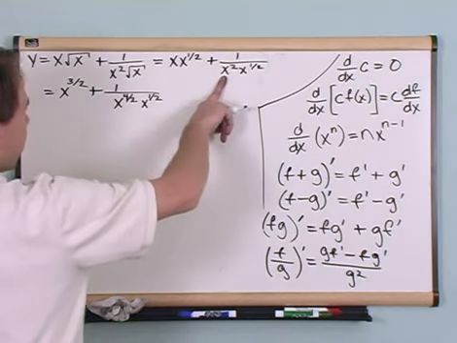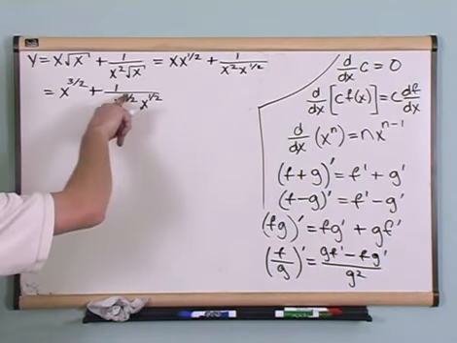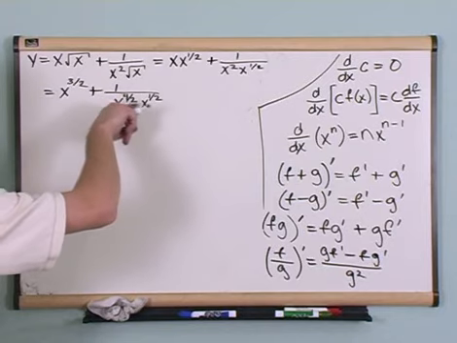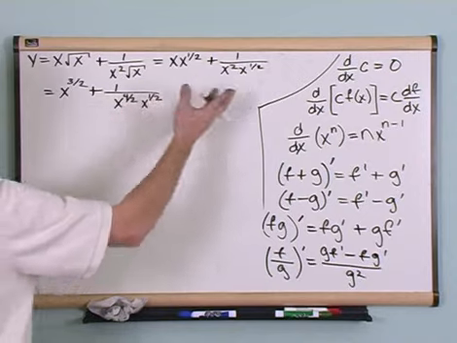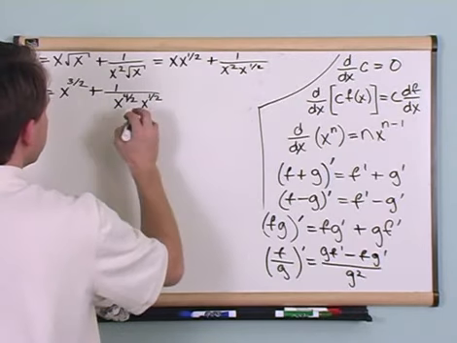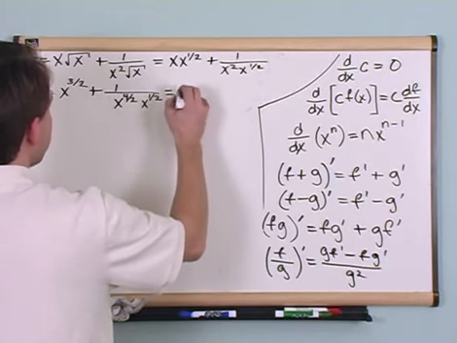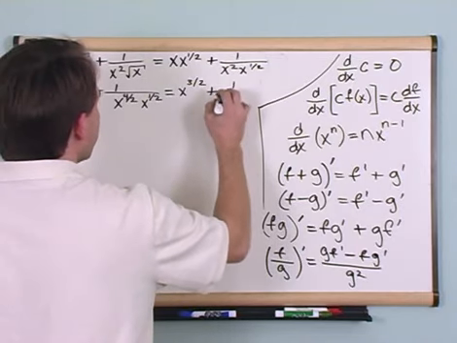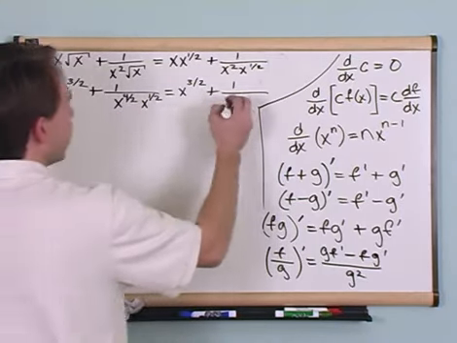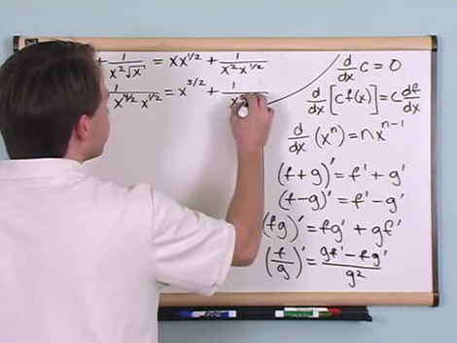See, here is x squared, but I changed it to x to the 4 over 2 because that's the same thing. 4 over 2 is 2, so I really haven't done anything to the problem. I've just changed it a little bit to make it easier. So in the end, what you'll have is x to the 3/2 plus 1 over, now I can add them, 5/2, x to the 5/2.